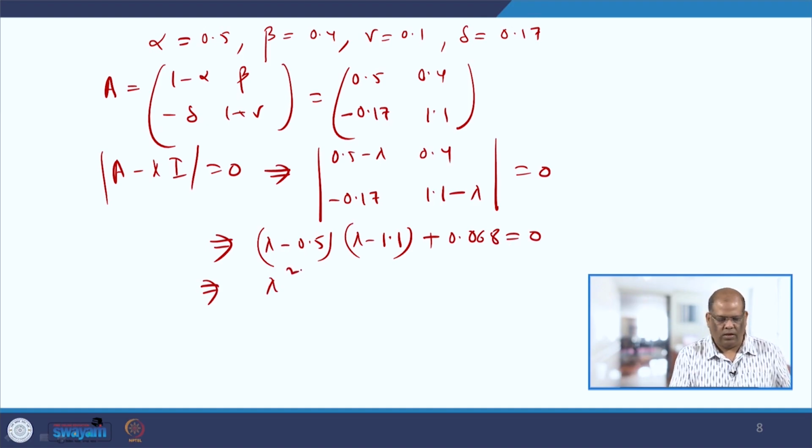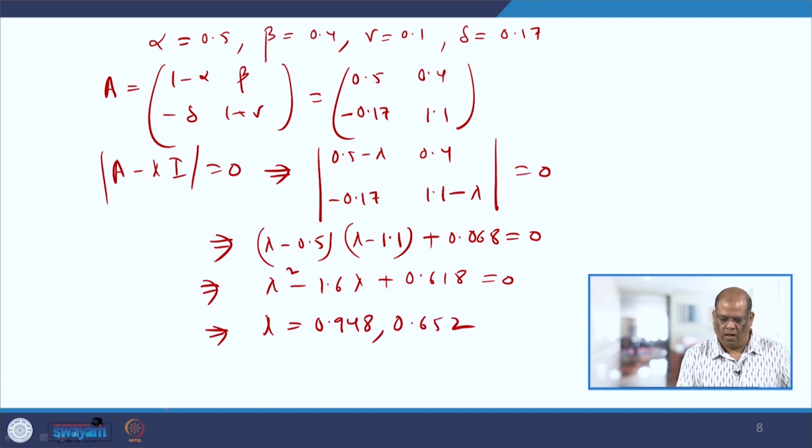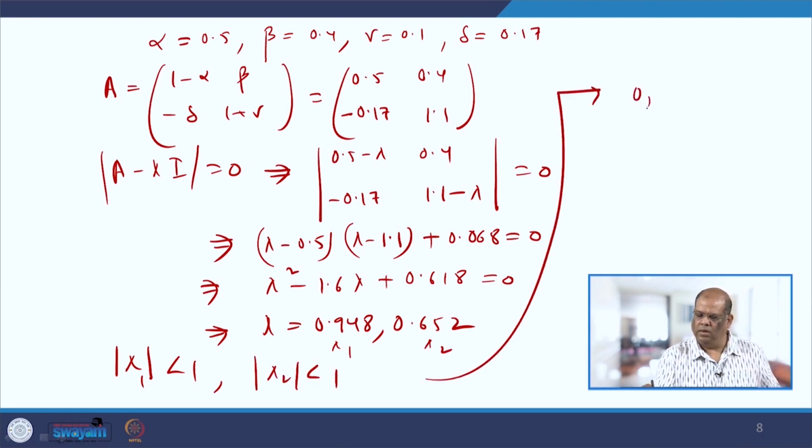If you simplify this, you will get lambda squared - 1.6 lambda + 0.618 = 0, and you can solve lambda equal to 0.948 and 0.652. As you can see, if one root is lambda 1 and another root is lambda 2, the modulus of both is less than 1. So this implies 0 is a stable equilibrium point.